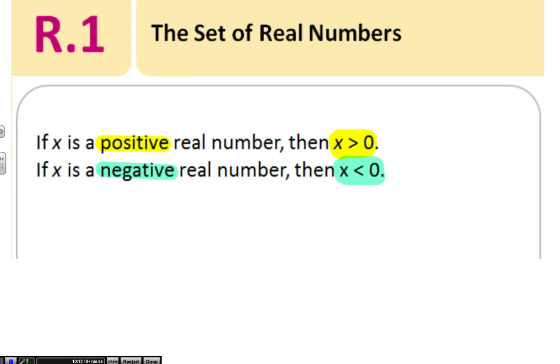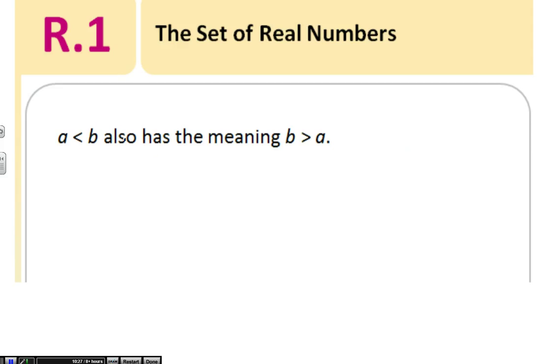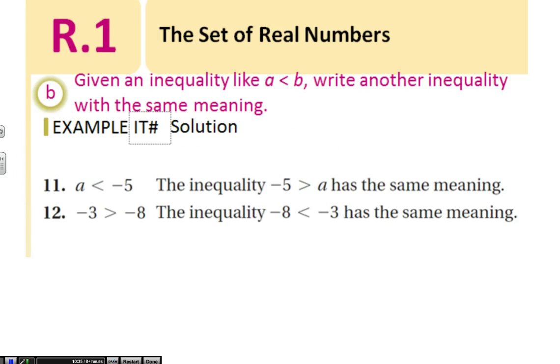Positive numbers are numbers that are greater than 0. Negative numbers are numbers that are less than 0. Remember, 0 is neither positive nor negative, but we're going to define it as an even number. A is less than B also has the meaning that B is greater than A. So we could talk about how letters could also represent numbers.